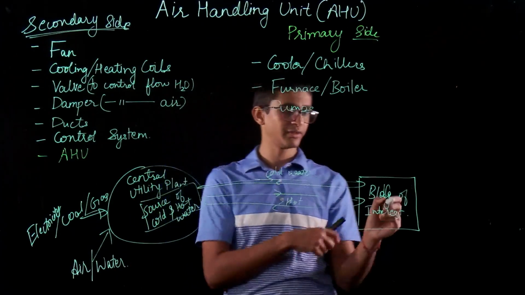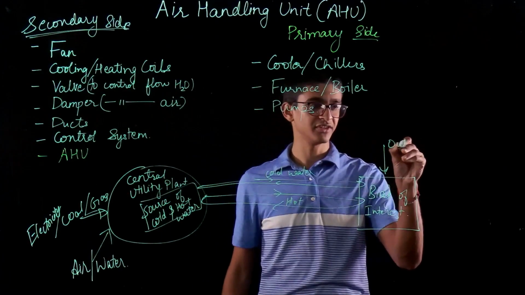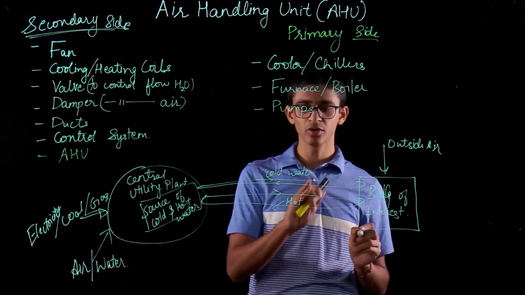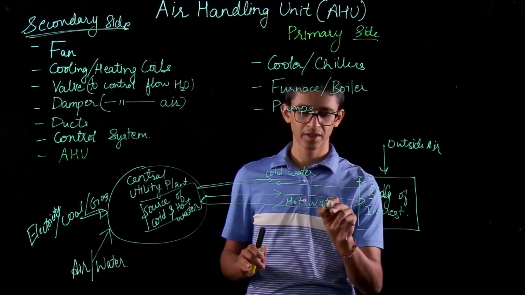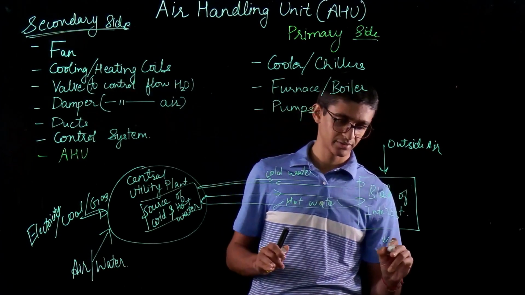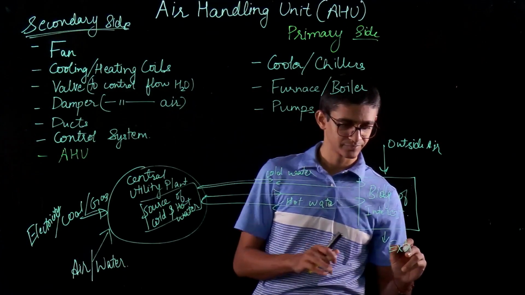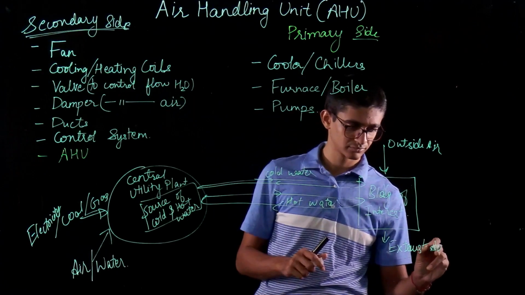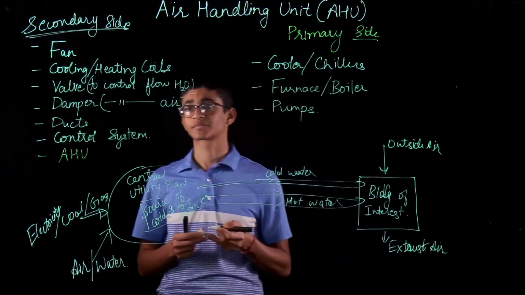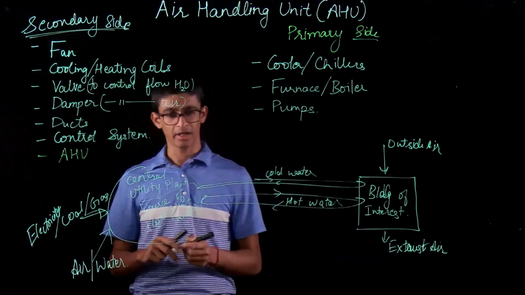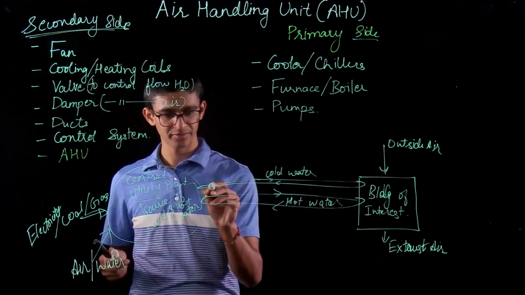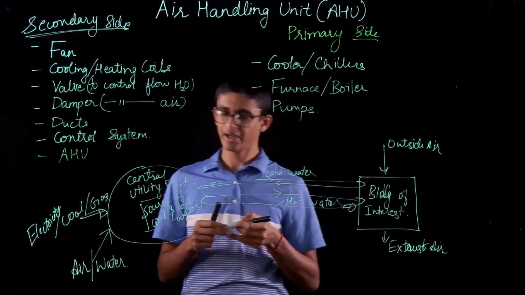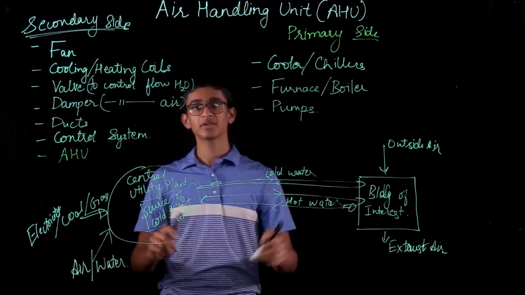And for the building, what we might have is outside air, which is used up, and it will use cold water or hot water, and it will have some exhaust air. Right? So now I believe we'll have some pumps maybe fitted over here or maybe installed over here. It depends on the design. But this is the overall picture.